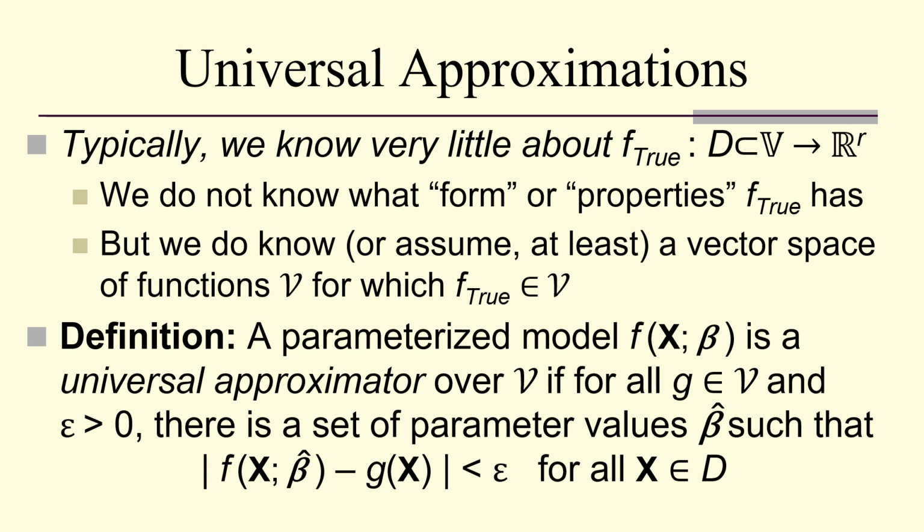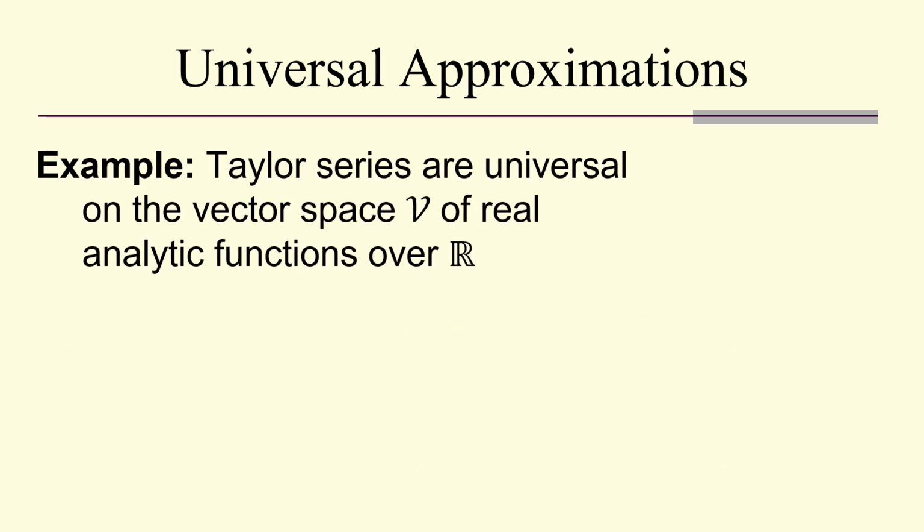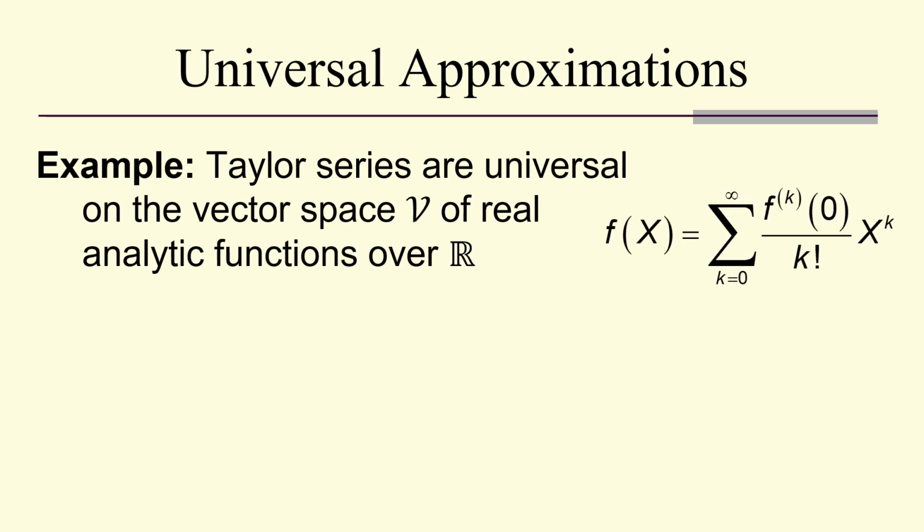At least this definition. A parameterized model is a universal approximator over script V vector space of functions if for all G in script V and epsilon greater than 0, there's a set of parameter values, beta hat, such that the function model with those parameter values, beta hat, minus the G in V is less than epsilon, and that's uniformly over X in D. For example, Taylor series are universal on the vector space of real analytic functions over R. That's because analytic functions can be represented by a Taylor series, and therefore they can be approximated by Taylor polynomials.